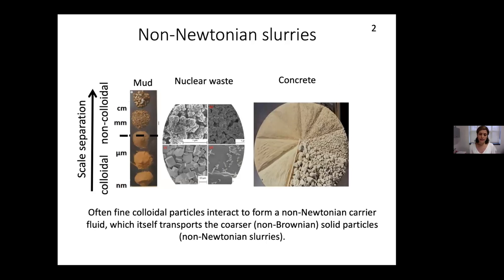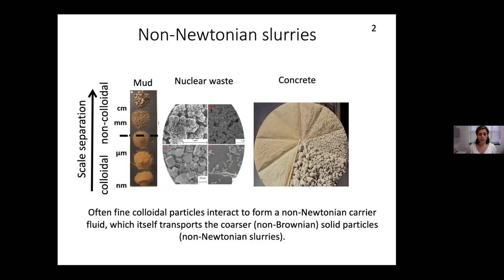So, slurries of complex fluids or non-Newtonian slurries. In many natural and industrial applications, we are dealing with dense suspensions. And by that, I mean suspensions of particles with a wide range of size that span from colloidal to non-colloidal, non-Brownian particles in a viscous liquid.